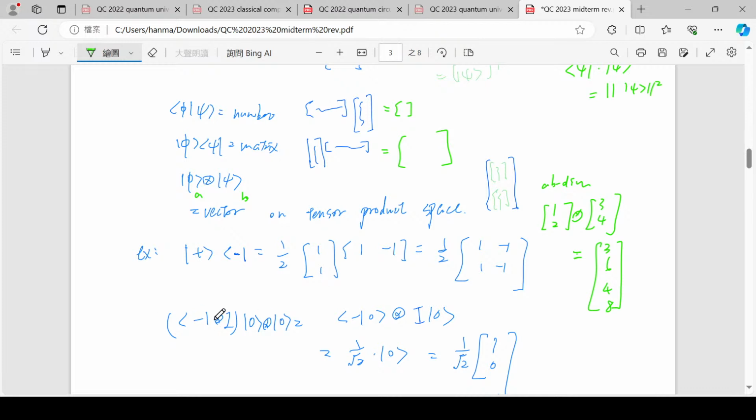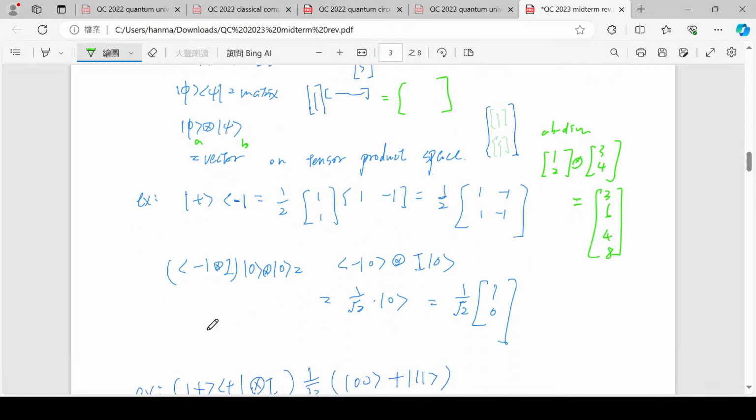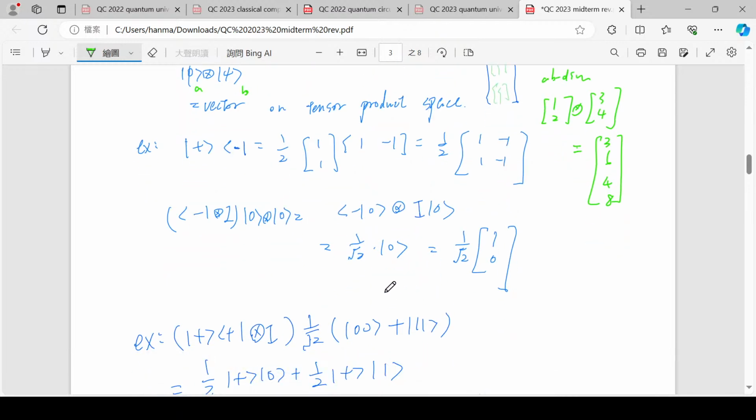So you have this thing multiplied by this thing, then the first slots multiply each other, so this becomes a number, and the second slot is just identity on 0. Because the first slot becomes a number, that register just vanishes, and you are left with a vector on the second slot.